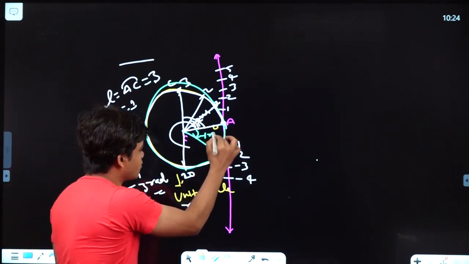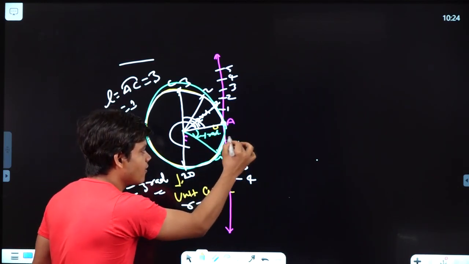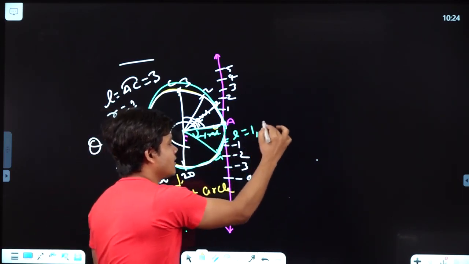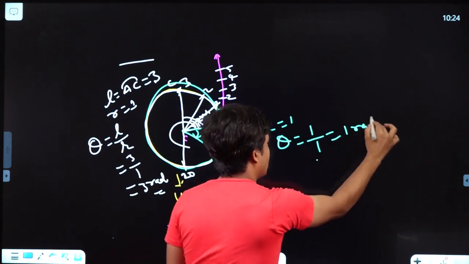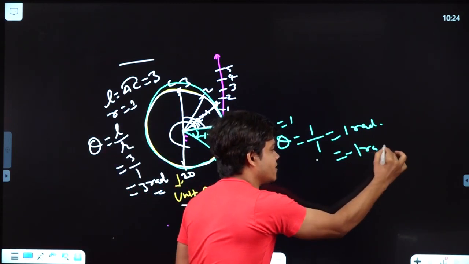Why? Because this arc length is 1 and the radius is 1, therefore theta will be 1 by 1 radian. But as the sense is negative, it is -1 radian.